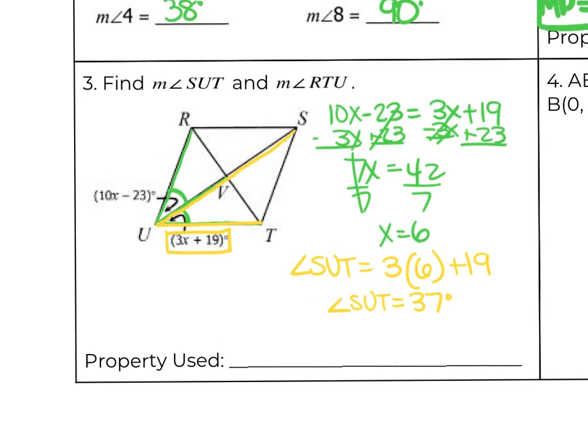All right, and then the other one that it wants is RTU. So that's the blue one. RTU is right there. They didn't give us that one, but we do know that this in here is 37 now. We know right here is 90.